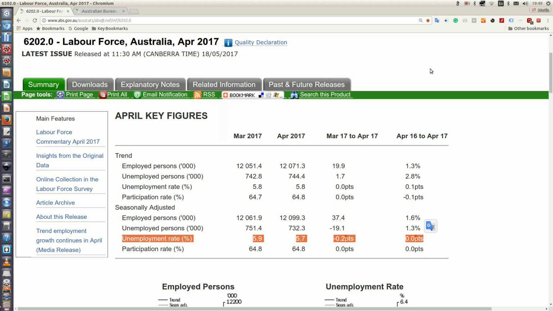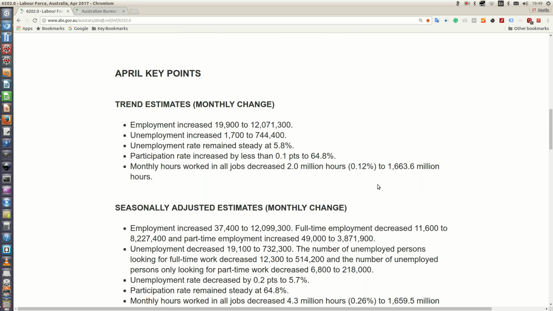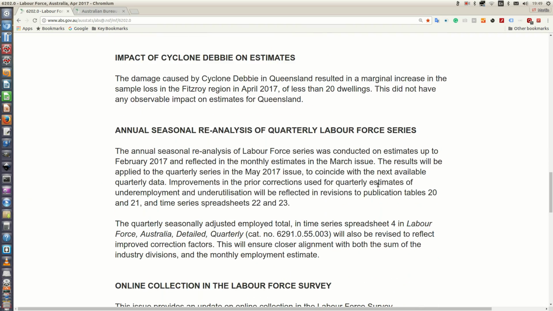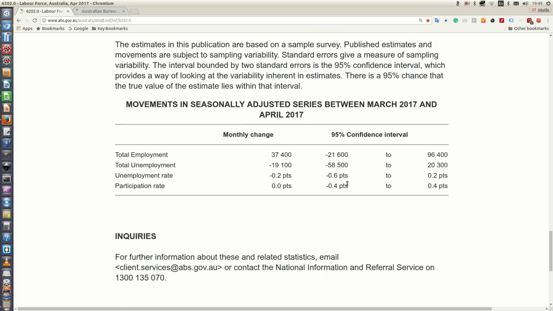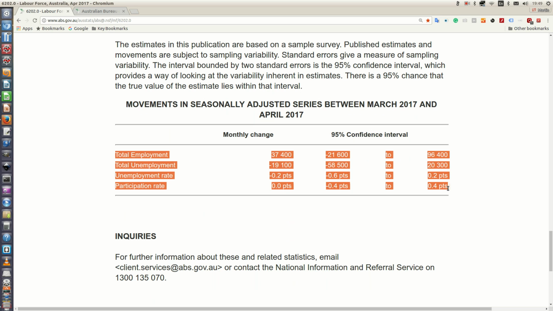So, why do I say it's unfortunate? Because the Australian Bureau of Statistics actually provides the 95% confidence intervals for all the seasonally adjusted estimates they publish. So if we have a look at that, we see that they all include 0 in the 95% confidence interval.